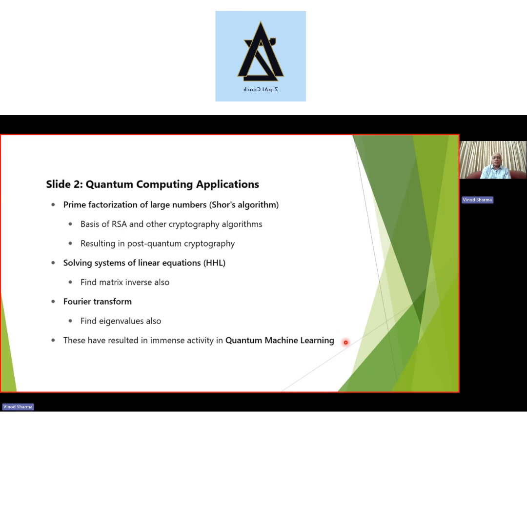Because of these algorithms, which provide quantum exponential speed up over the classical algorithms, these are being used extensively today in quantum machine learning to speed up the machine learning algorithms as well.